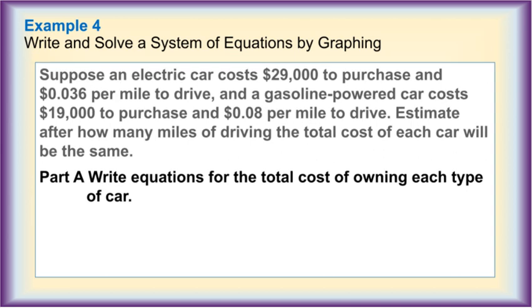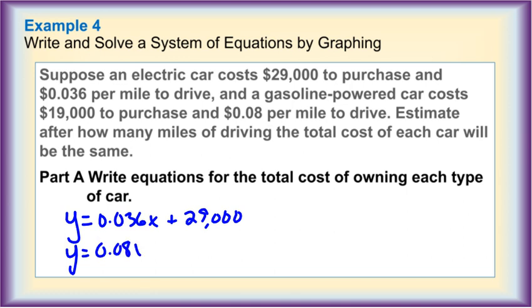So for the equations, I would have for the electric car, y equals 0.036x plus it costs $29,000. And the other one, y equals, it costs 8 cents per mile, so 0.08x plus 19,000. Now this will be easier to do on our graphing calculator, so I'll grab our calculator here.